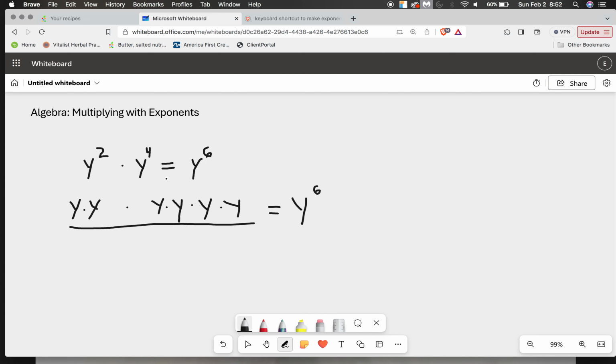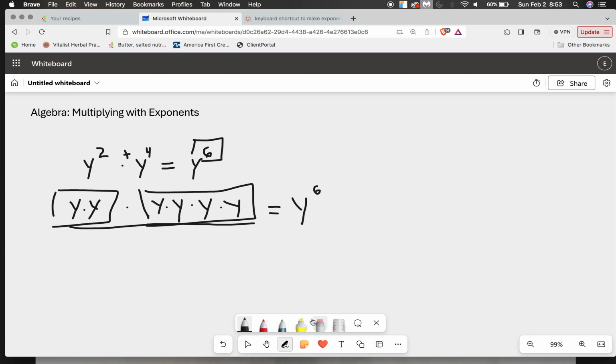Now, if you are paying attention to those numbers, that means that the exponents got added together. So when you're doing y squared times y to the 4th, you can just look at the exponents and think, what's 2 plus 4? Because 2 right here plus 4 right here equals 6. So y squared times y to the 4th would be y to the 6th, right there.